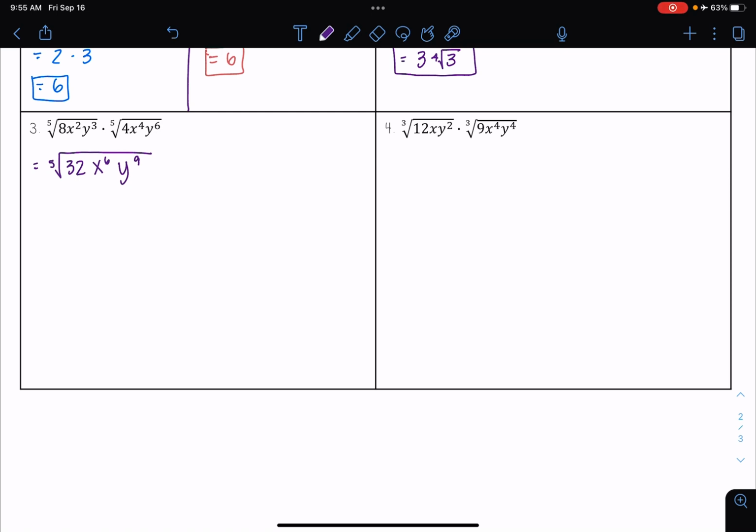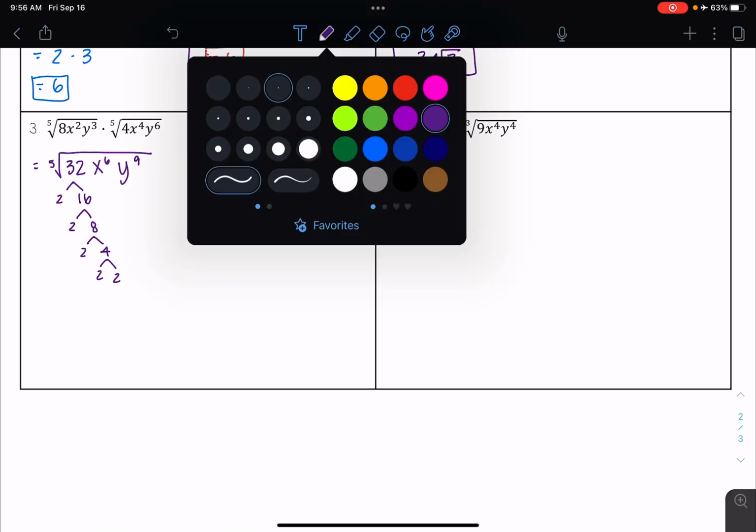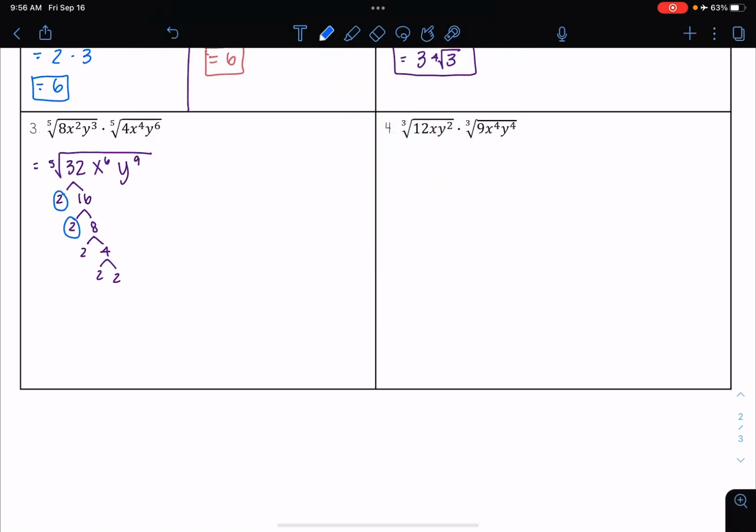And so breaking apart this 32, I have 2 times 16, 2 times 8, 2 times 2 times 4, and then 2 times 2. So here I see that I have 1, 2, 3, 4, 5 2s, and I'm taking the fifth root here, so that means I'm looking for a group of 5. So I have one group of five 2s, which means I have a 2 coming out in front.